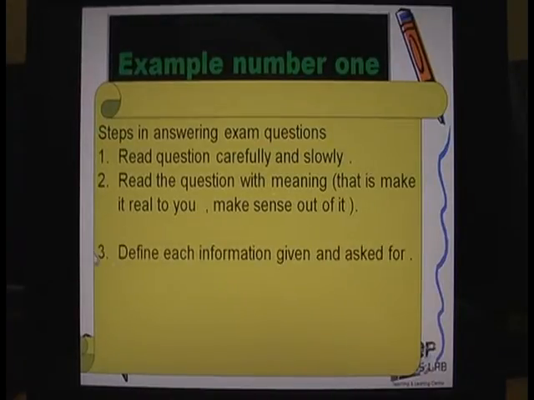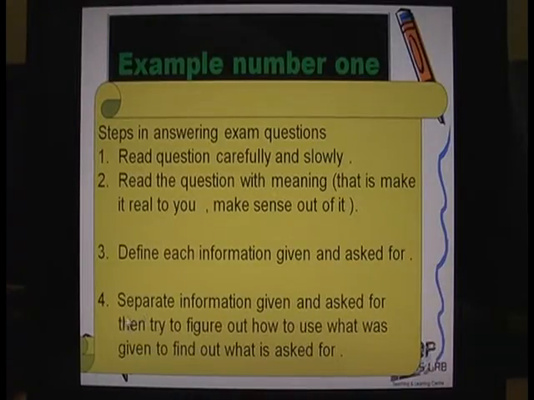What's step 3? Define each information given and asked for. In doing this, it helps you to become aware of what you know already. So by defining each information given and asked for, it helps you to become aware of what you already know and what you need to find. Okay. Now here is the 4th step.